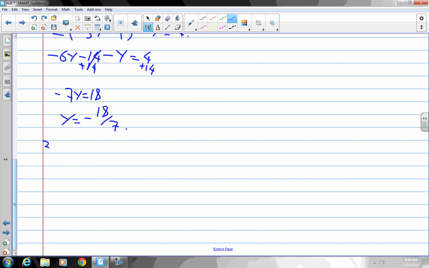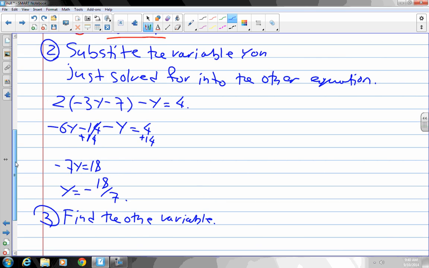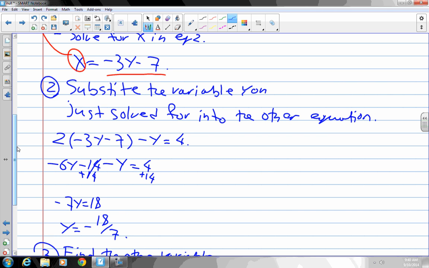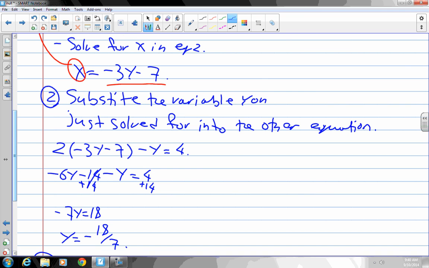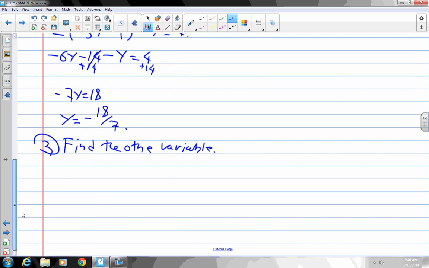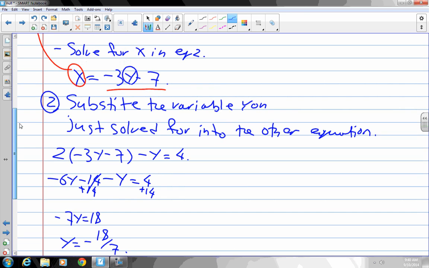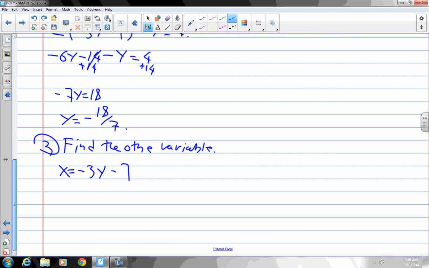The third step is to find the other variable. At this point we know that x equals negative 3y minus 7 and y equals that. So I can replace y in this equation and solve for x. So x equals negative 3y minus 7, and y equals negative 18 over 7.